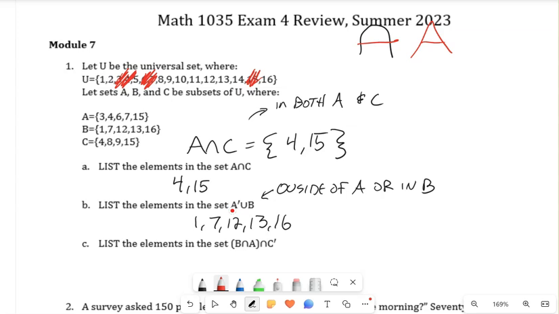Now looking at that list, that's everything else in the universal set that's outside of A. So 1, 2, 5, 8, 9, 10, 11, 12, 13, 14, 16. All of these numbers are outside of A.